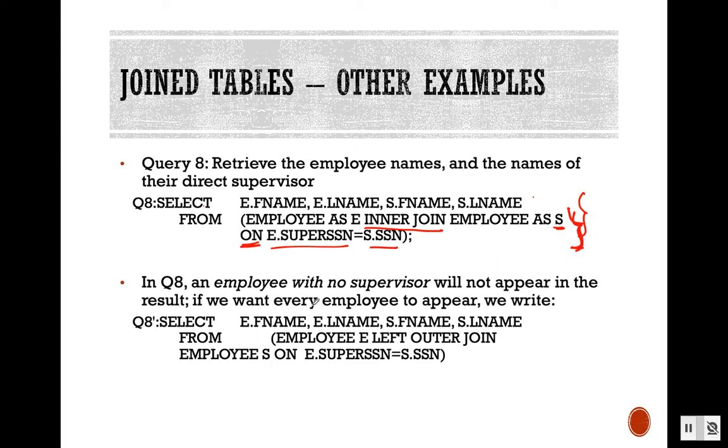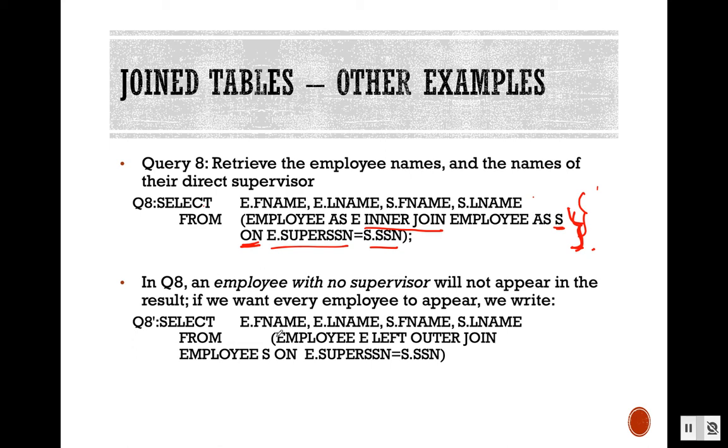Now if we want to find an employee with no supervisor, an employee that doesn't have any supervisor will not be found in this inner join query. If we want to see every employee whether he has a supervisor or not, in that case we have to write an outer join.